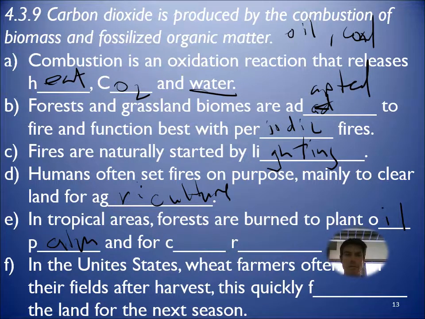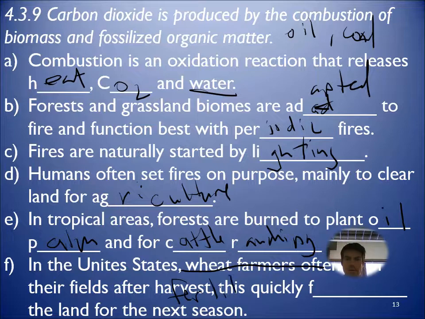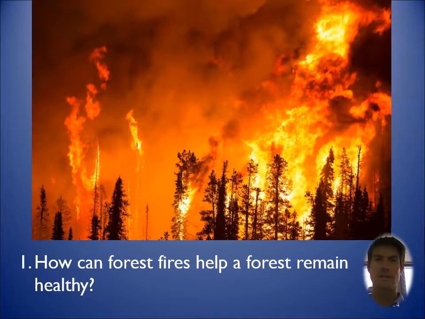It's a big driver of what they're doing to a lot of tropical areas, clearing it out, burning it, planting the oil palm, which can be a problem, having that much land destroyed to make that. And cattle ranching is a big one too. And we know that's a problem because of the methane that's released, plus the habitat destruction. And even wheat farmers in the United States burn their fields, and that helps to fertilize for the next season.